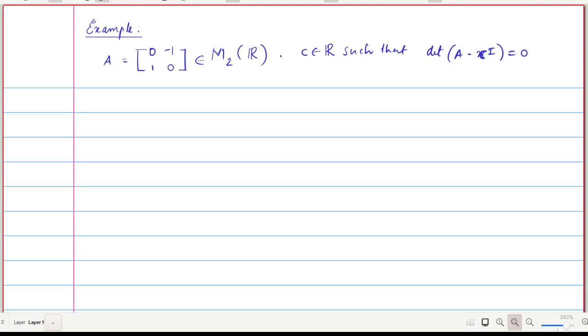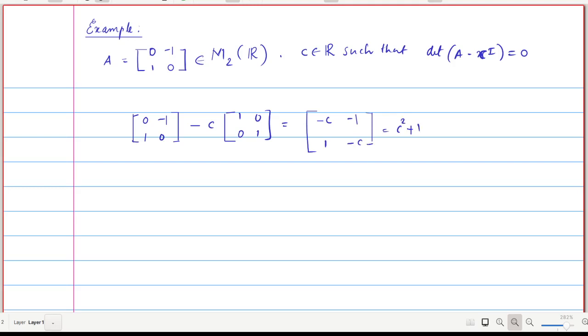To evaluate the characteristic values, we first write the matrix A minus C times the identity matrix, that is 0 minus 1, 1 0 minus C times the identity matrix 1 0 0 1. Now you write this difference, that will be minus C, minus 1, 1, and minus C again here. So the determinant will give C square plus 1.